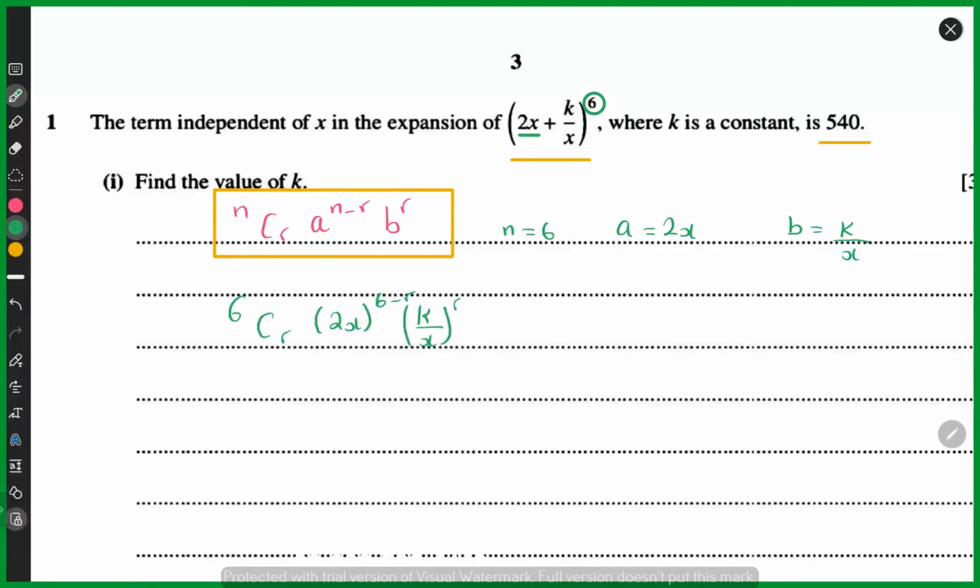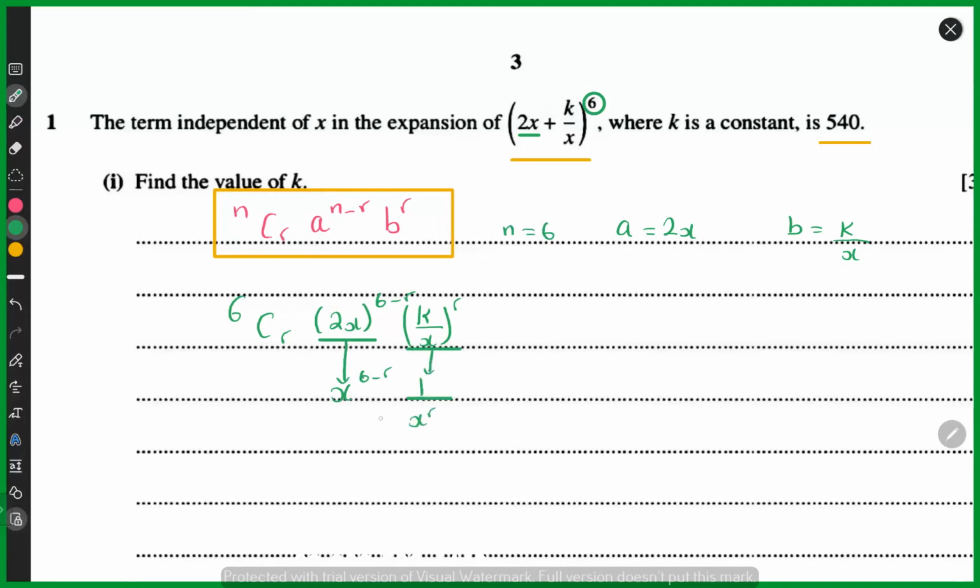I have told you guys time and again, this formula is only used to extract x. Let's extract the x that is coming from this term. It is going to give you x power 6 minus r, and this is going to give you 1 divided by x to the power r.